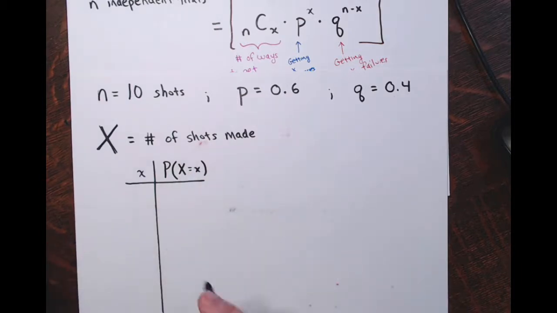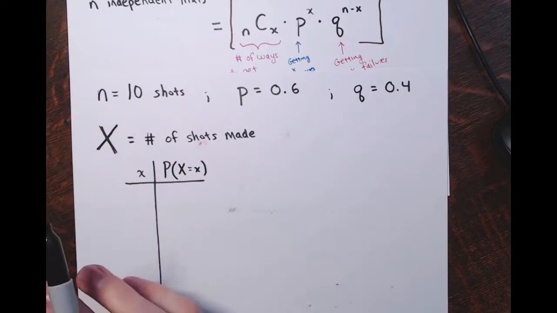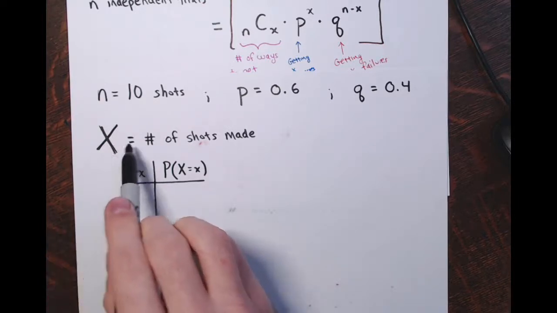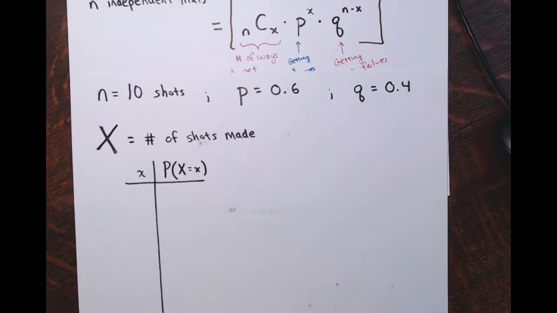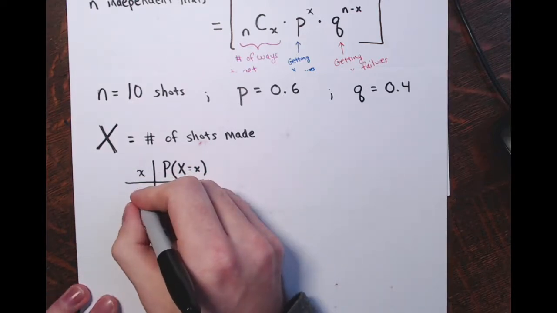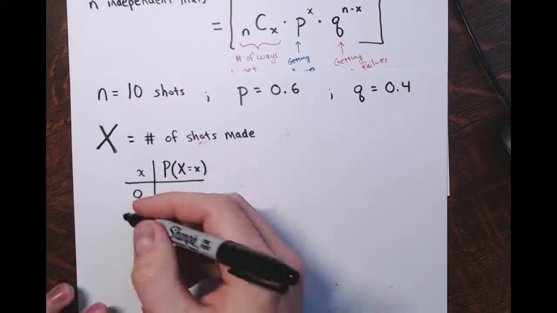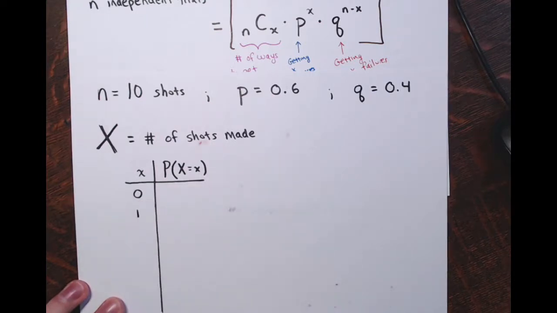And let's think about the possible outcomes. Again, if there are n shots, n trials, and x represents the number of shots she makes, what are the possible outcomes? Well, she could make none of them, 0 successes in the 10 shots. She could make one of them.